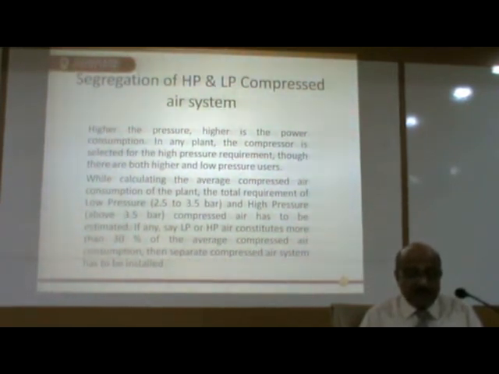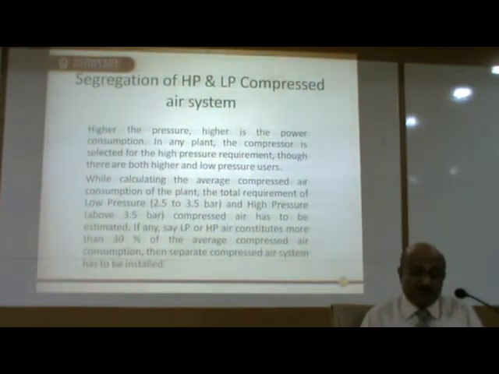In any plant, the compressor is selected for the high pressure requirement, though there are both high and low pressure users. While calculating the average compressed air consumption of the plant, the total requirement of low pressure, that is 2.5 to 3.5 bar, and high pressure, above 3.5 bar, compressed air has to be estimated.